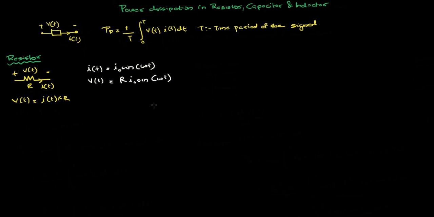Using these two expressions, we can find the power dissipated in a resistor.